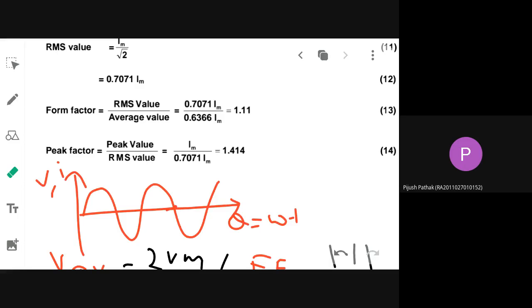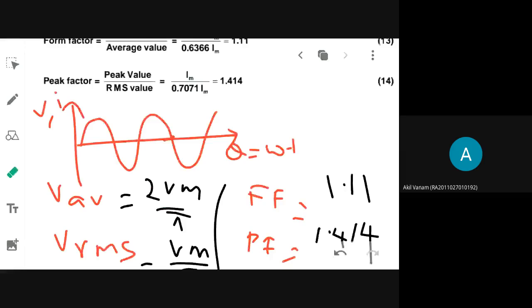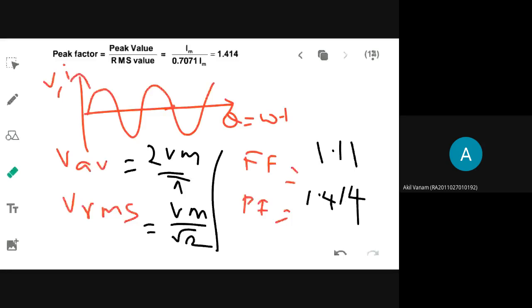Understood? So form factor is a constant, right? It will vary depending upon different waveforms. You have to substitute the RMS and average formulae that you have got. It will vary from waveform to waveform.